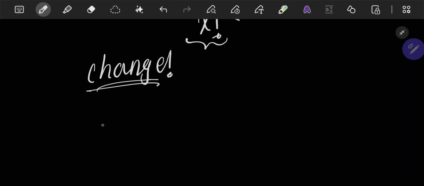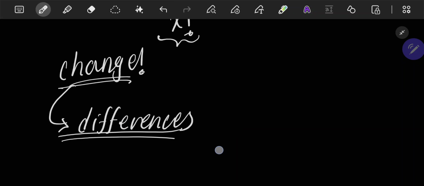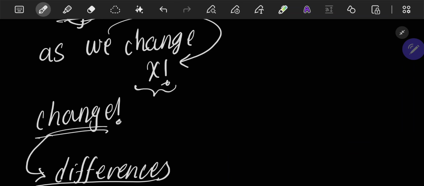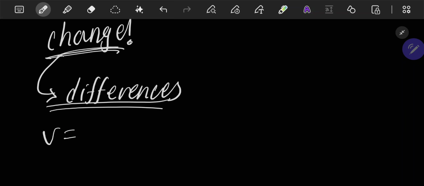Because of change, we have differences in certain things. And in order to analyze this, in order to know the magnitude of certain things, in order to understand things fully, we have to know about the change. For example, velocity is the rate of change of displacement.